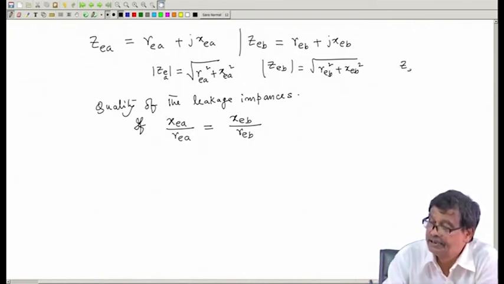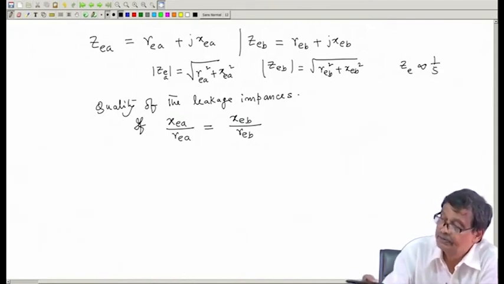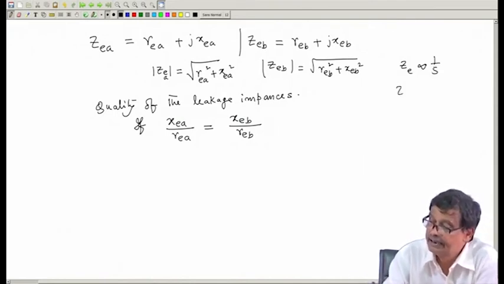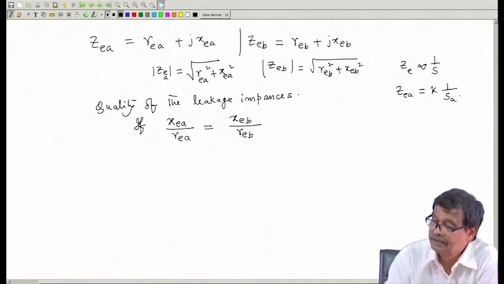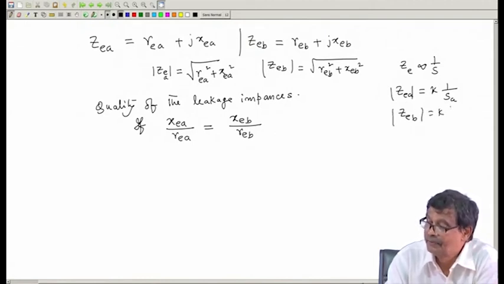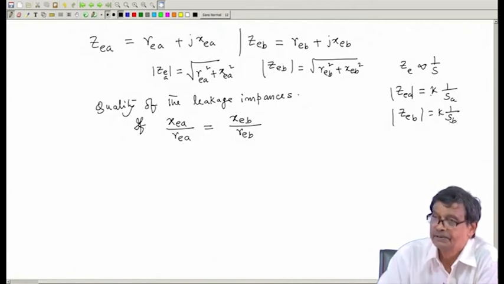That is, I have seen that JDA magnitude is equal to some K times 1 by SA, the kVA rating. So, JDB magnitude is the same K times 1 by SB, that we have seen.